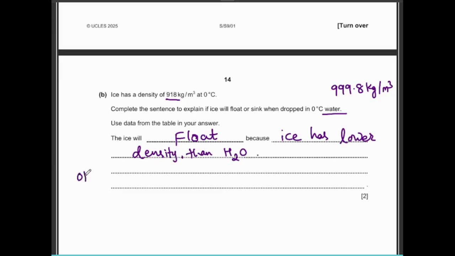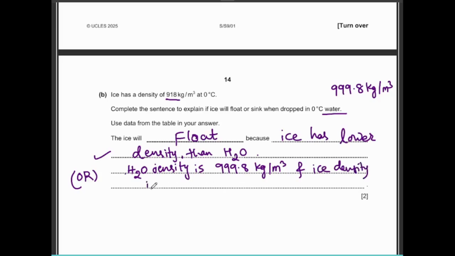Or you can give a comparative answer: water density is 999.8 kg per meter cube, and ice density is 918 kg per meter cube, and this difference makes ice float on water.